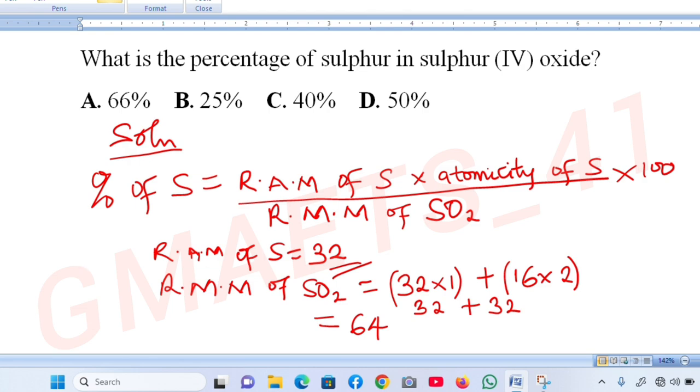Students should be able to at least determine the relative atomic mass of the first 20 elements, from hydrogen to calcium. Like in this question, the RAM was not given. But whether it is given or not, it is not too difficult for you to learn the relative atomic mass of the first 20 elements by heart.